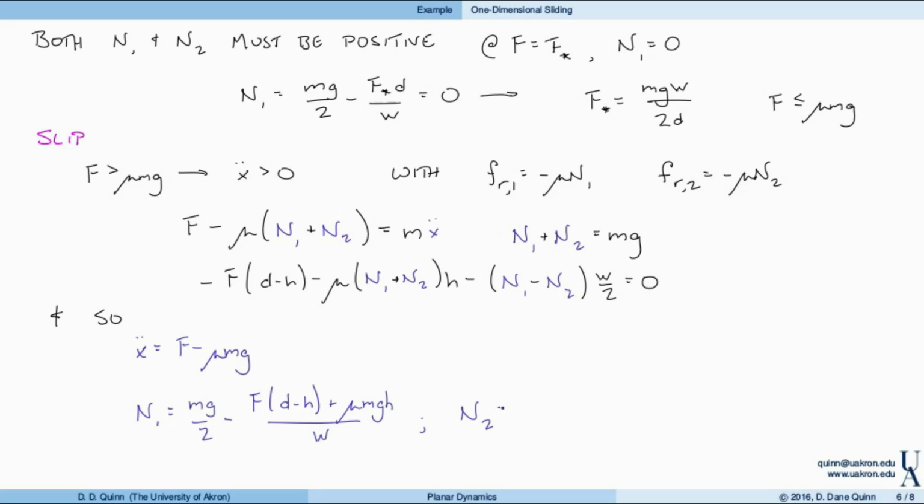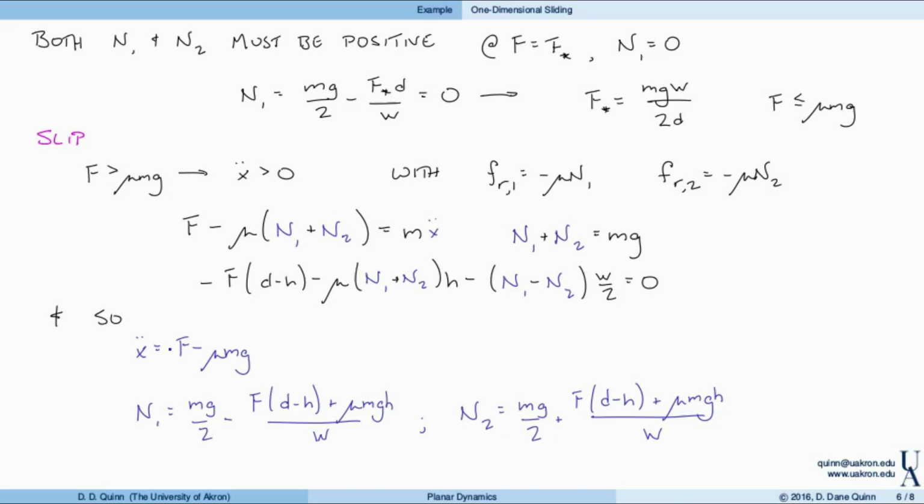I would urge you to pause the video solution at this point and work this out. But I trust that you can solve three equations with three unknowns. N2 is mg over 2 plus F times d minus h plus mu mgh divided by W.